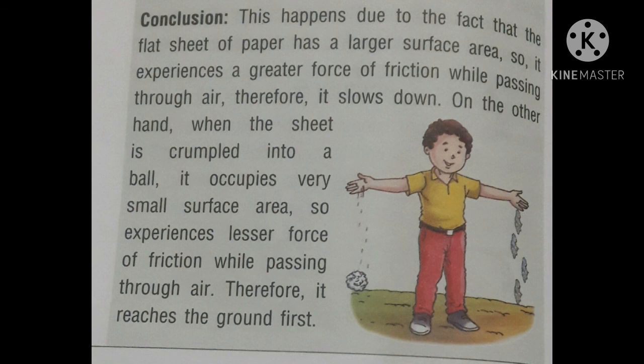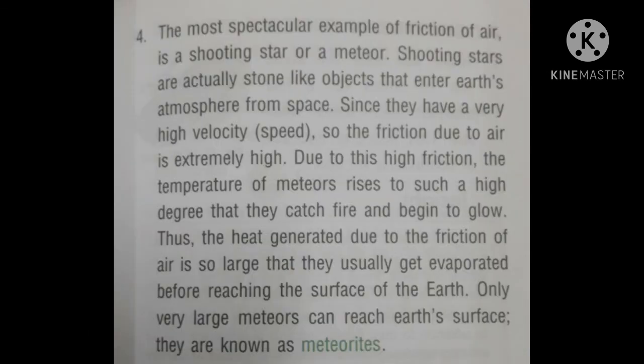Therefore, it slows down. On the other hand, when the sheet is crumpled into a ball, it occupies very small surface area, so it experiences lesser force of friction while passing through air. Therefore, it reaches the ground first.